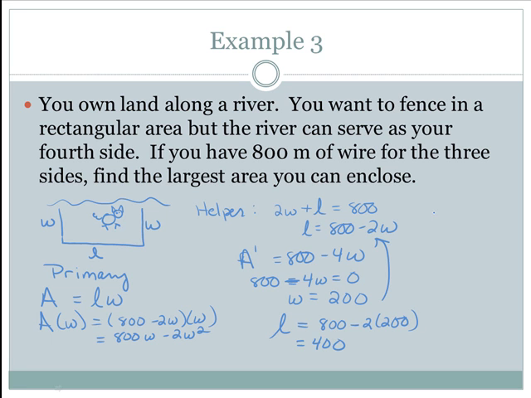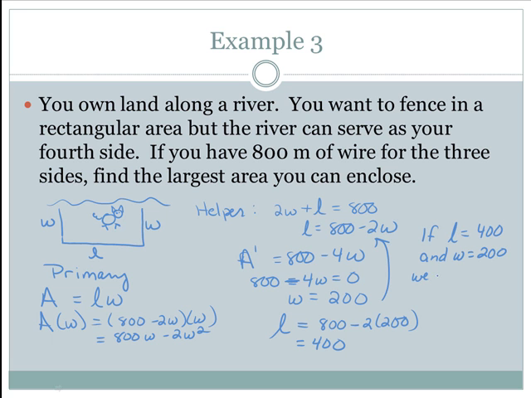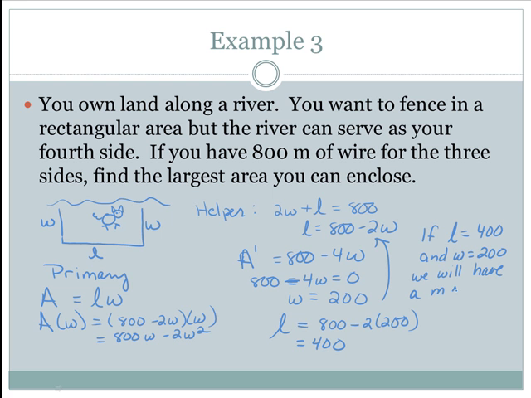And so if the length equals 400 and the width equals 200, we will have a max area of, let's see, 80,000, and what was it, meters? 80,000 square meters. Okay, so that's the type of concluding statement that you need to make.